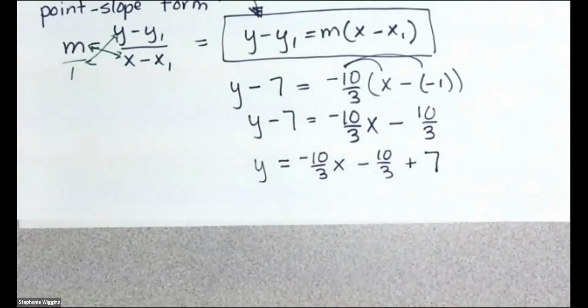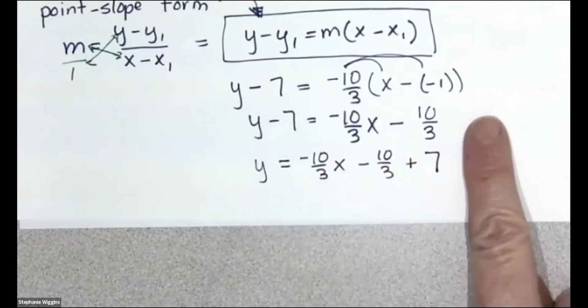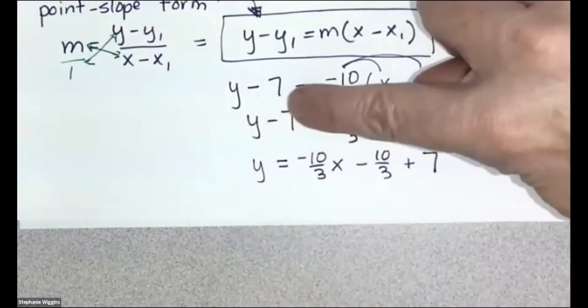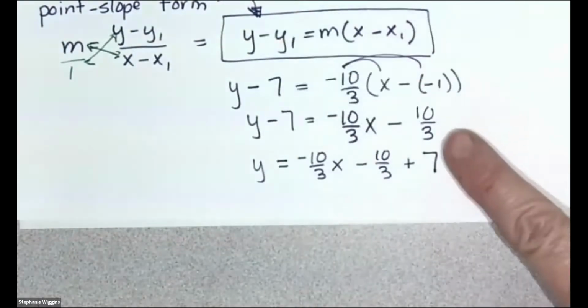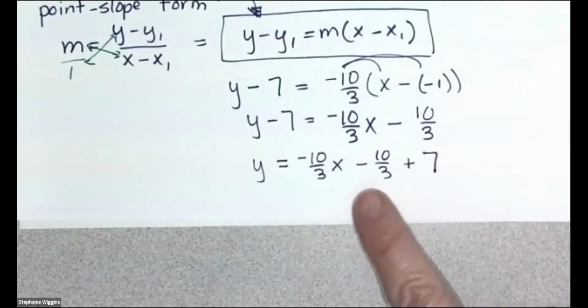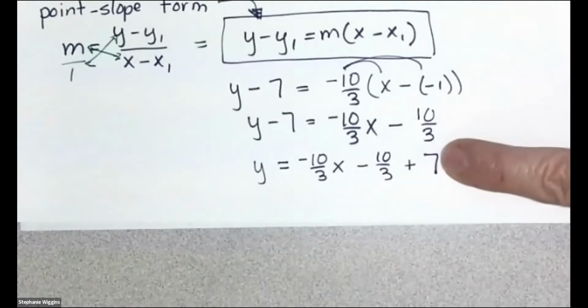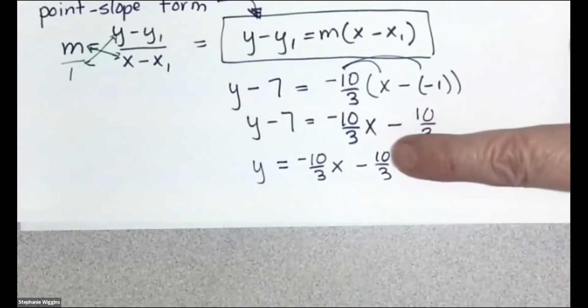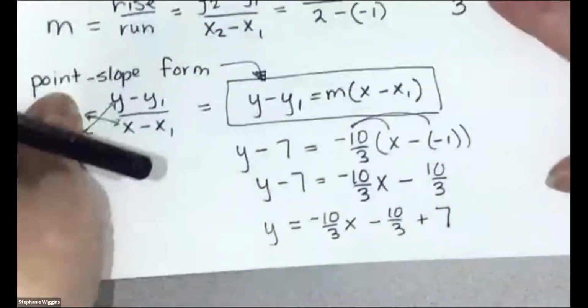All I did here was solve for y, so I add 7 to both sides. When I add 7 to -7, it becomes 0, that goes away. When I add 7 over here, I'm going to have to find a common denominator. 7 is 21 thirds, and then plus -10 thirds is going to be 11 thirds.